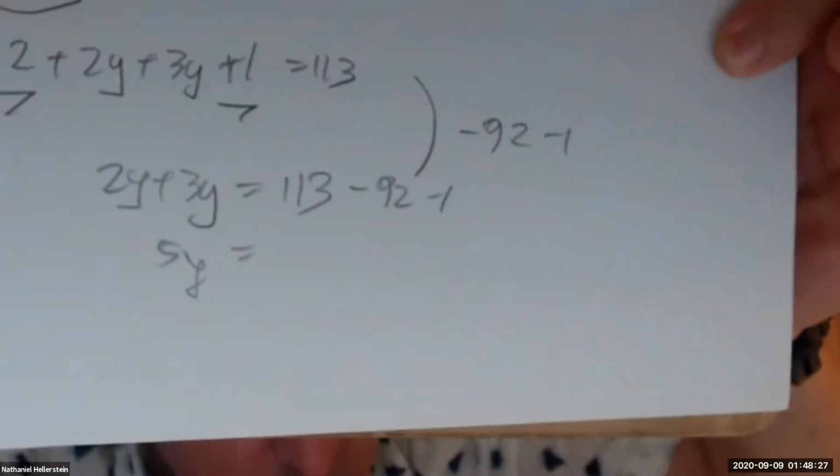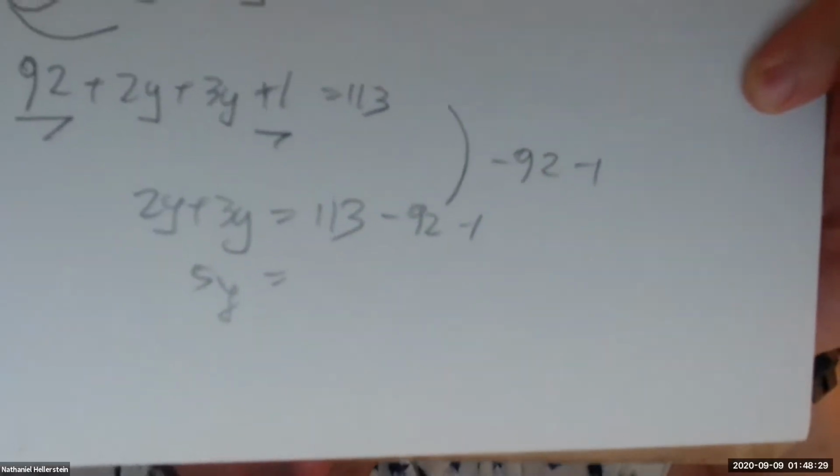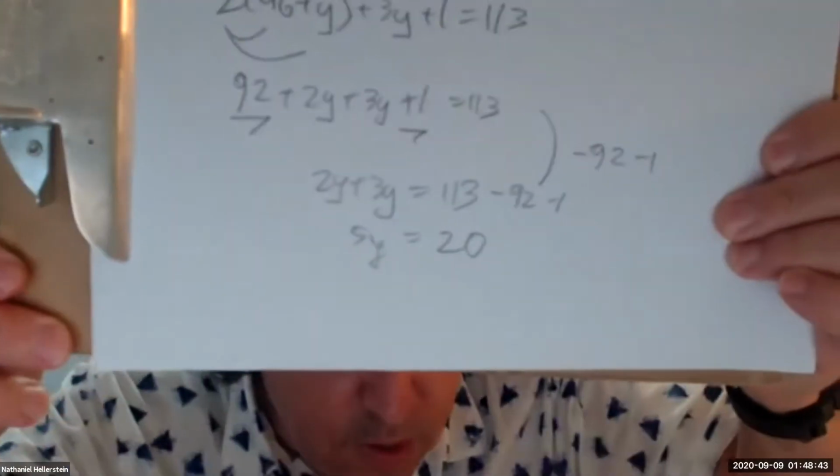The left side combines to 5y. 113 minus 92 minus 1 is 20. 5y is 20. And so therefore dividing by 5, y equals 20 over 5. And that's 4.